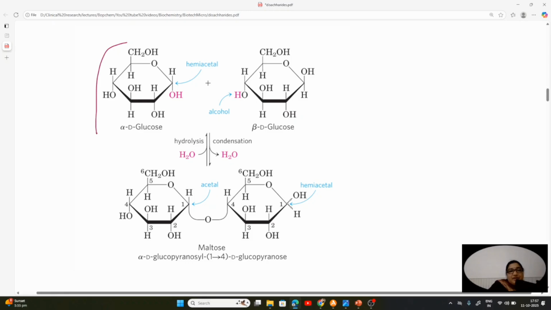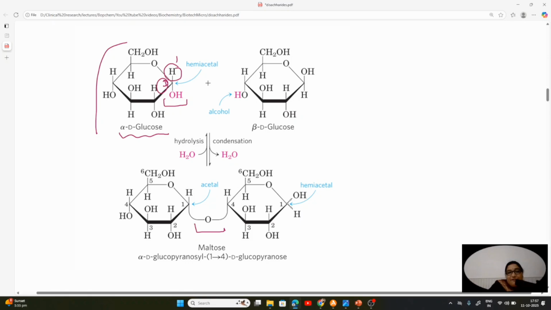Here you can see this is alpha D glucose. All right, this is alpha D glucose, and at the anomeric carbon atom, which is the first carbon atom, the H lies above the plane and OH lies below the plane. So when the glycosidic bonding will be formed and the first glucose or the first sugar involved is in alpha configuration, then the bond will be alpha.